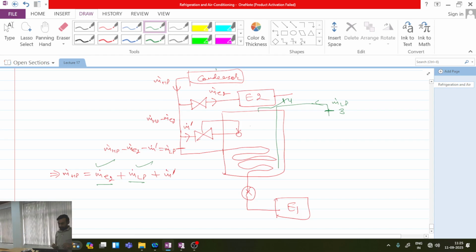Okay, so if I apply now the energy balance across this chamber, what will I be getting? Please tell me. From here m dash mass is coming with enthalpy. What is the state over here? 6. So m dash mass is coming with enthalpy H6.